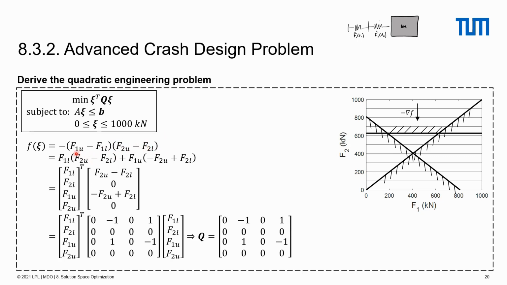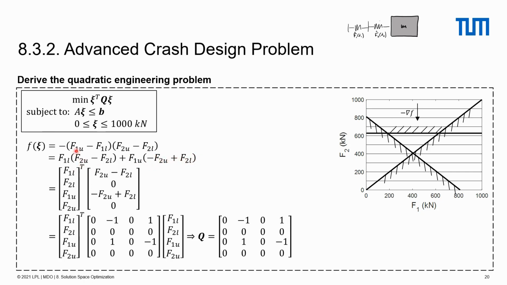We get this, and then F1U times F2U minus F2L with a minus in front, then we get F1U times bracket minus F2U plus F2L.